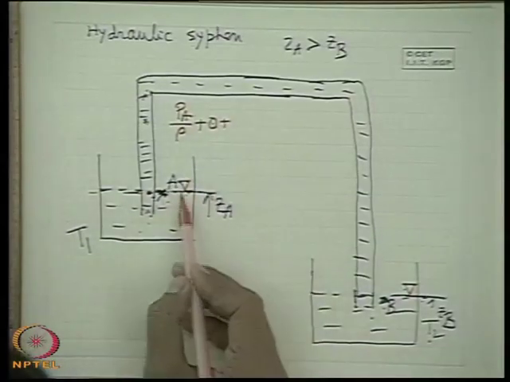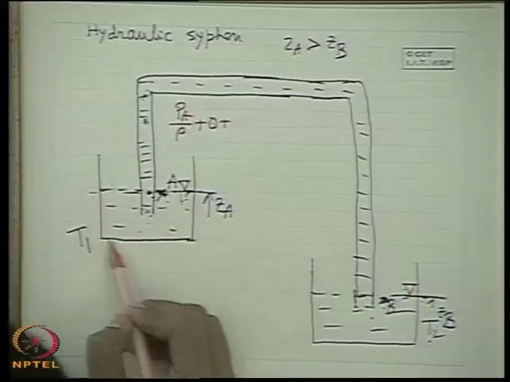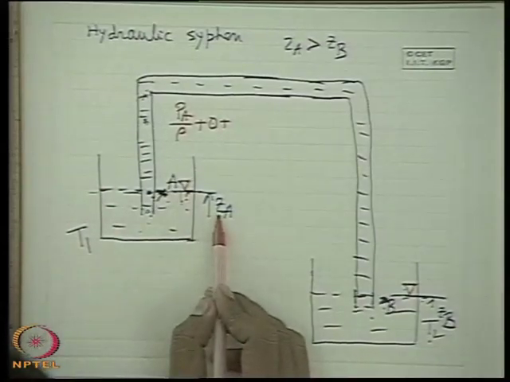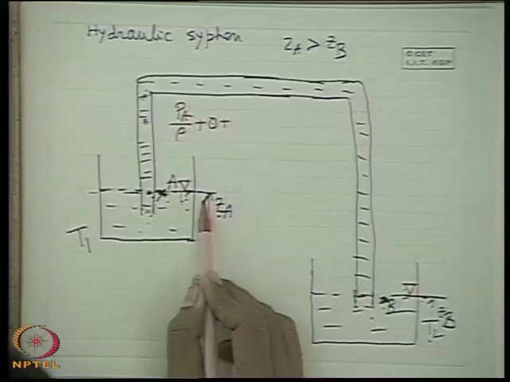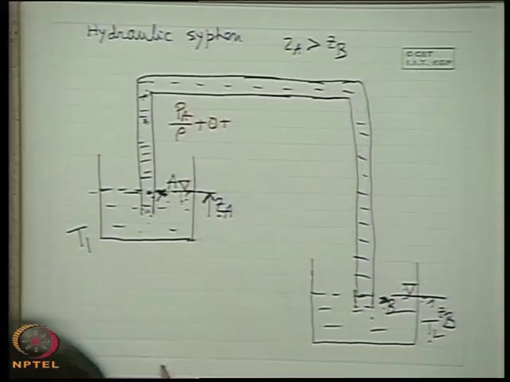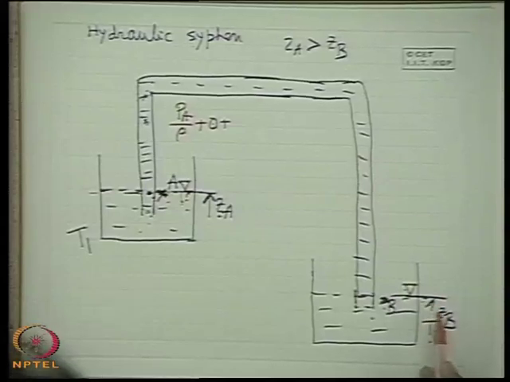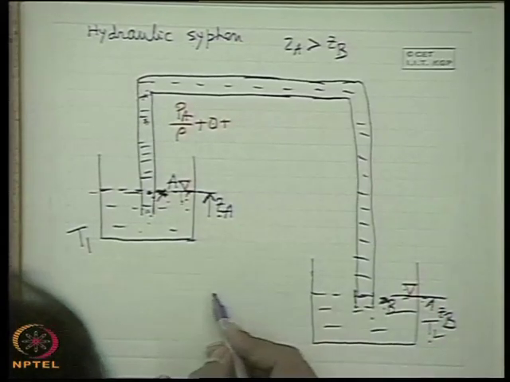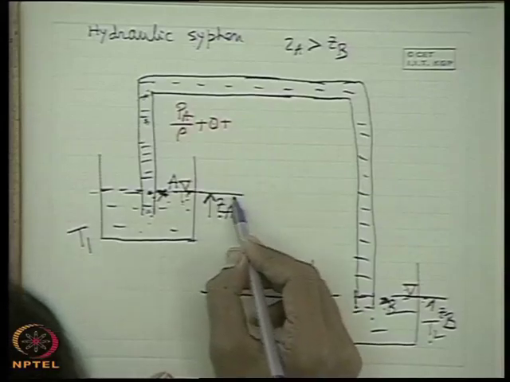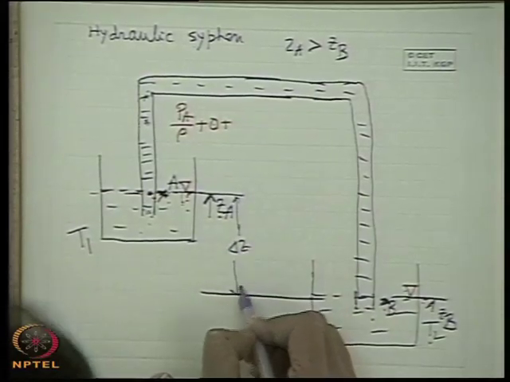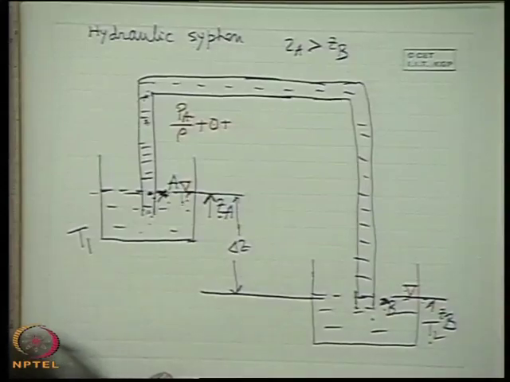Or even if there is a movement, this velocity is very small because of the large cross-sectional area of the tank. So, the most important is the elevation head. This ZA is its elevation referred to any reference datum, from which this elevation head is ZB. Let us consider this difference of the elevation head of these two as delta Z.